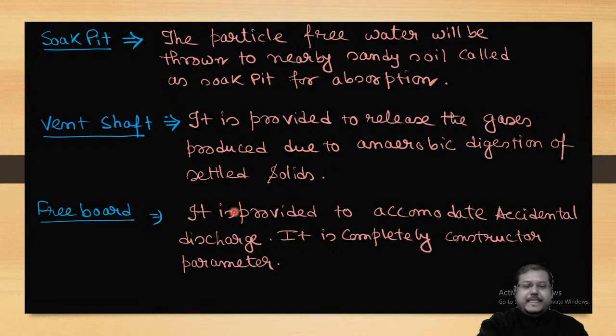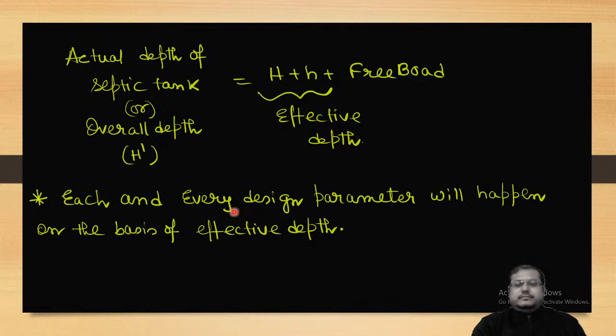Okay. Now, the actual depth of septic tank I have already discussed. Our overall depth is H dash, which equals capital H plus small h, which is called the effective depth, plus freeboard.